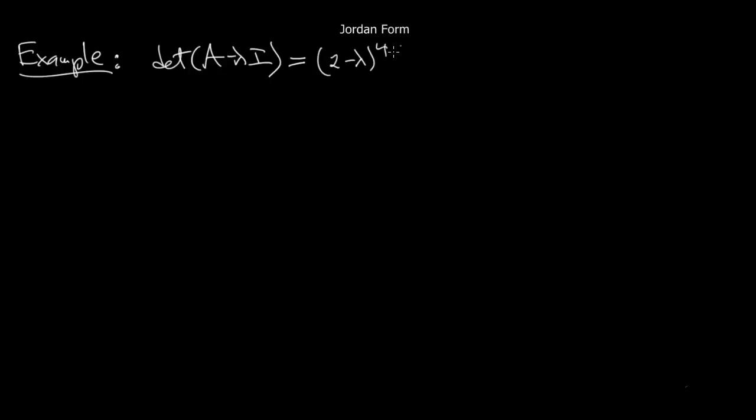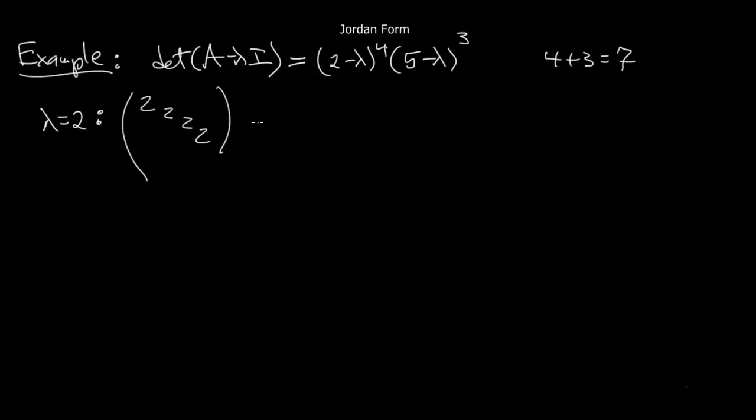Okay, so let's look at an example. Suppose I gave you a matrix, and I told you that its characteristic polynomial was, let's say, (2 minus lambda) to the 4th, (5 minus lambda) cubed. So it's a 7 by 7 matrix, and it has eigenvalue 2 of multiplicity 4 and 5 of multiplicity 3. So what are the possibilities for the 2 block?